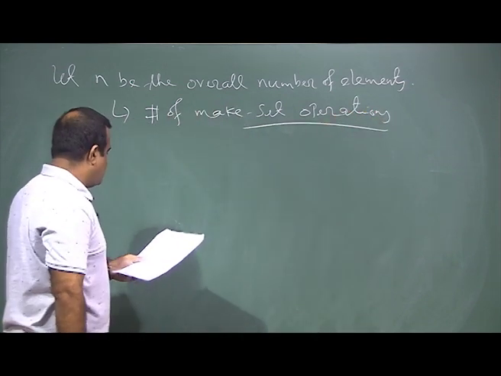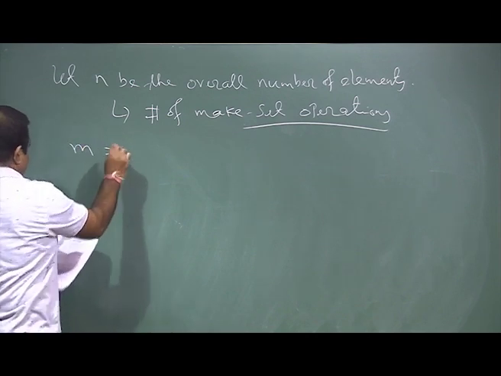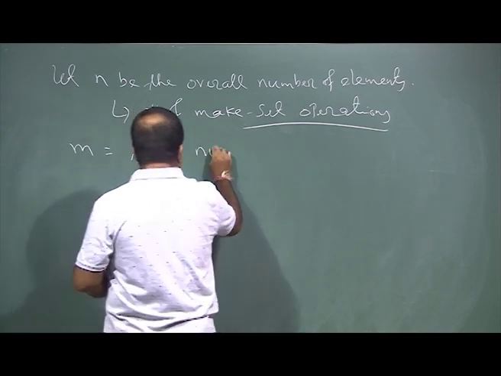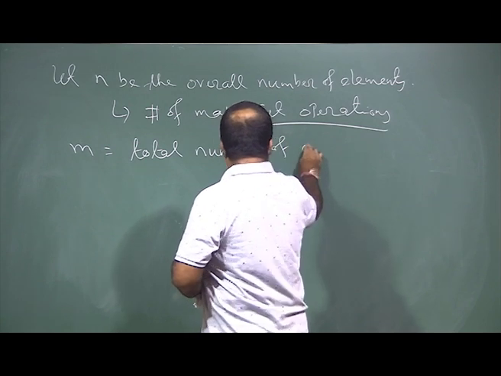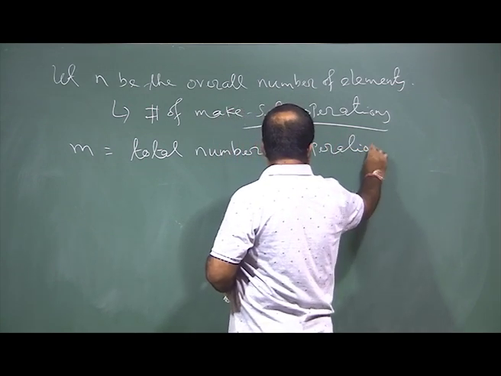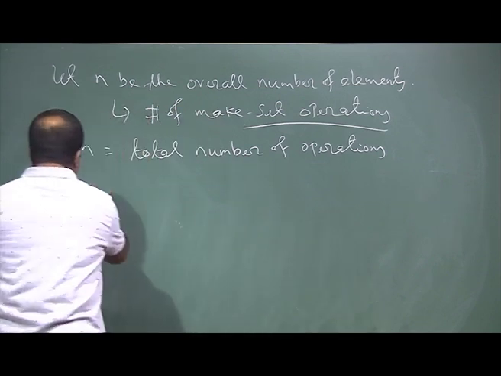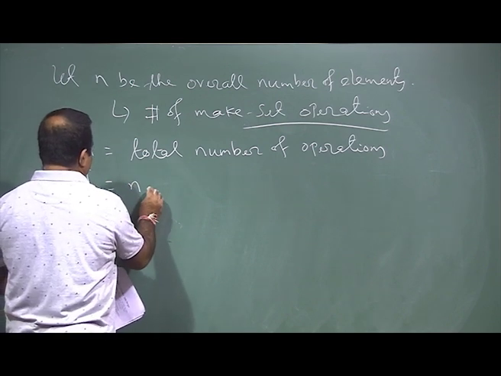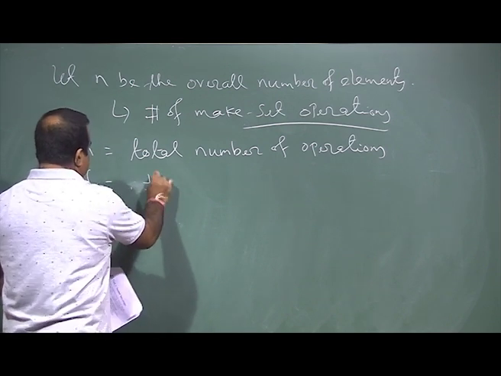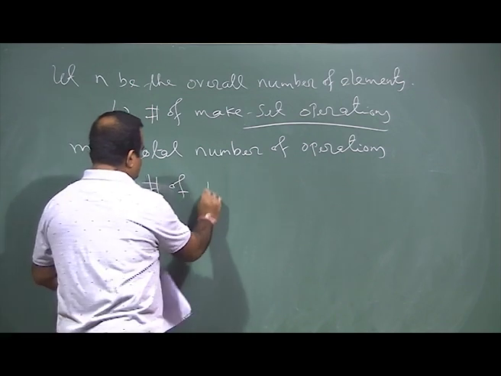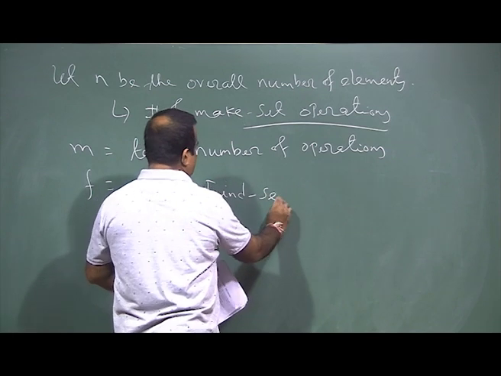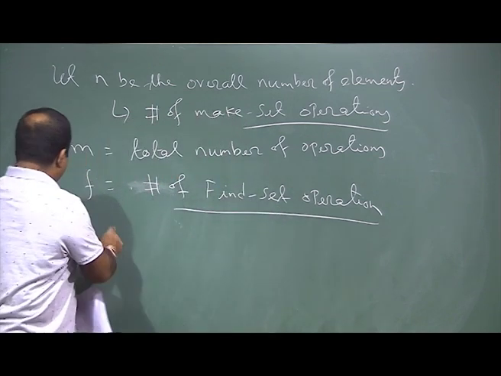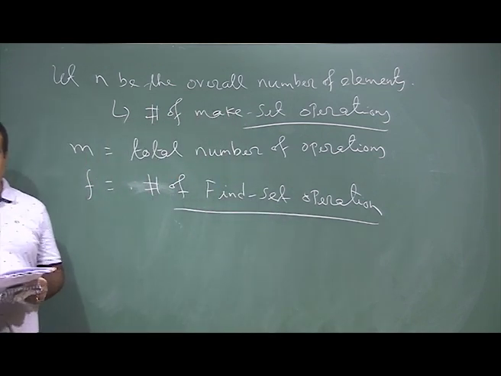M is the total number of operations, and F is the number of find set operations. These are the notations we will use in our amortized analysis.